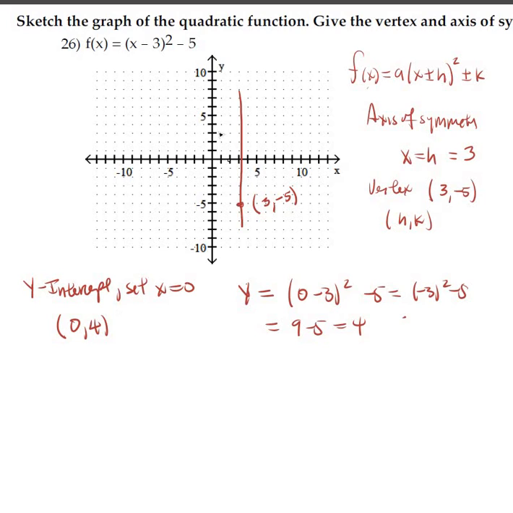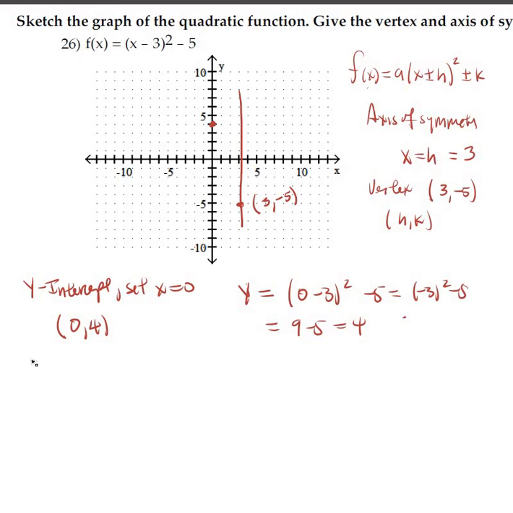Somewhere around here. Okay. Everybody agree? Remember this is concave up, so it makes sense. -3 squared is +9, minus 5 is going to be +4. So that makes sense.